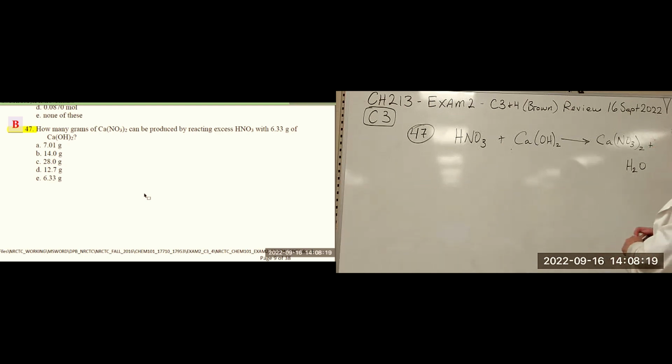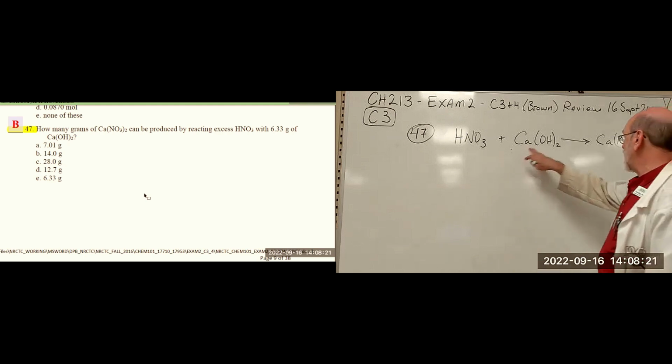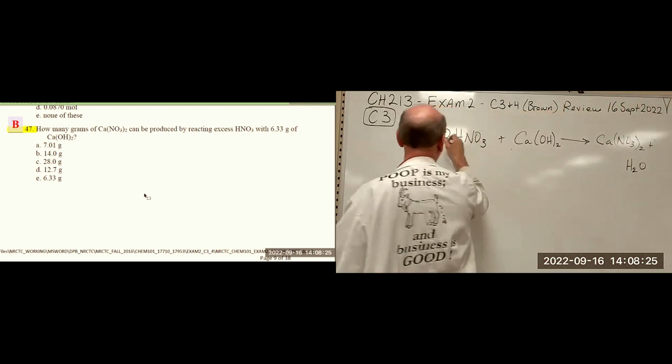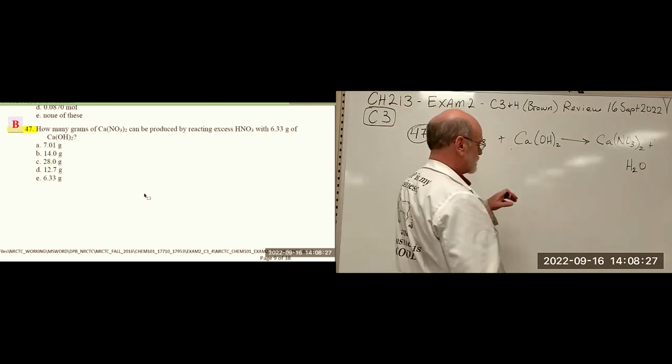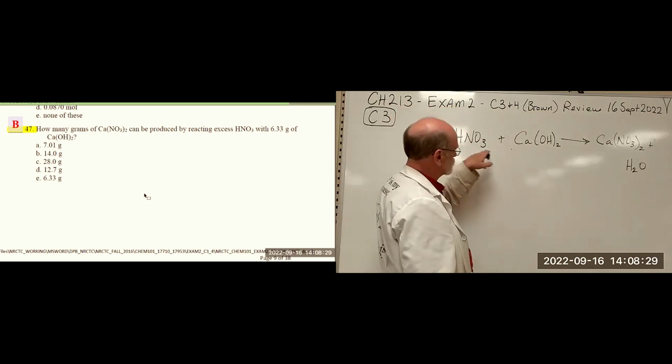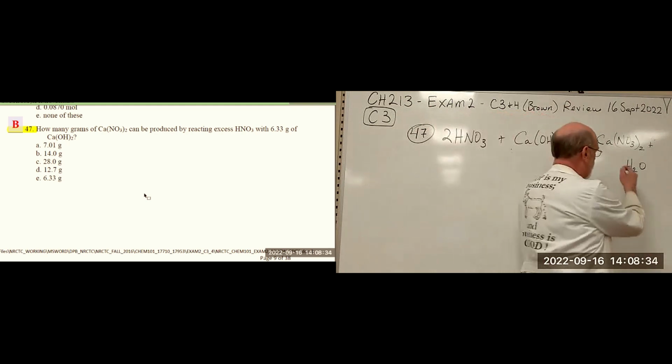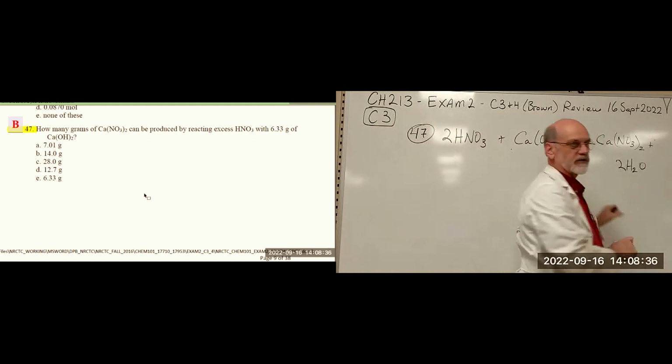Otherwise, you can't balance the equation. So how do we balance this equation? Well, we've got one calcium, that's fine. We've got 2 nitrates, 2 nitrates. Now you have 2 hydrogens, 4 hydrogens, and 2 oxygens. 4 hydrogens and 2 oxygens.